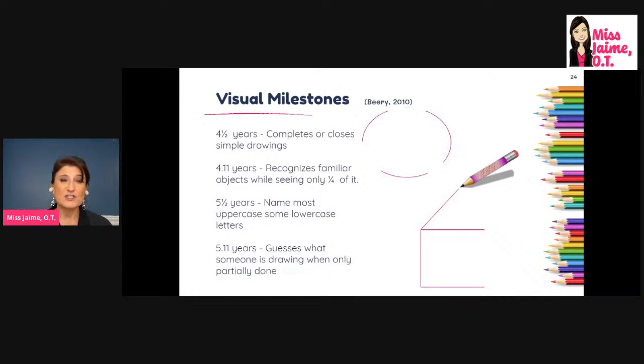So unfortunately for OT, the way that this really hits home for me is that I'll have a child maybe in kindergarten who's really struggling, and the teacher is concerned because he can't keep up. He can't do what all the other kids are doing. But when I test him, he comes up in the low average range. The thing with this is that my testing is developmental.